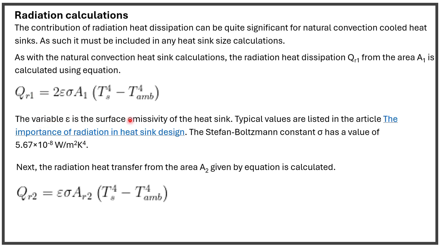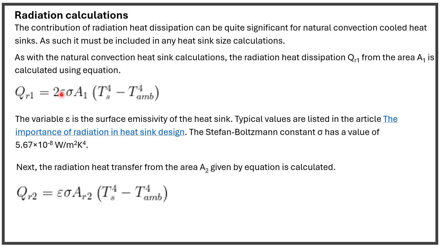And here you can see the variable is the surface emissivity of the heat sink. The typical values we get through the importance article. There is another article, the importance of heat radiation in the heat sink design. The Stefan-Boltzmann constant has the value of 5.67, in watt per meter square Kelvin to the fourth.